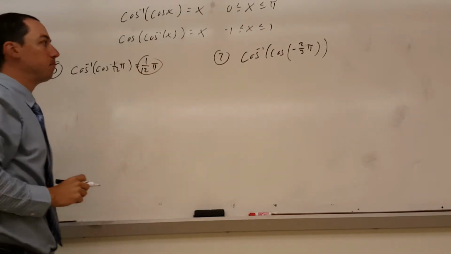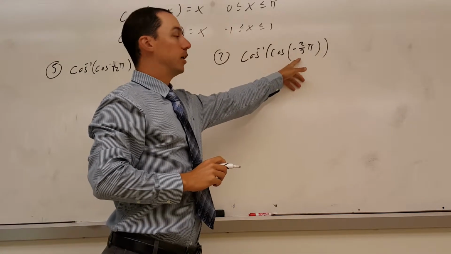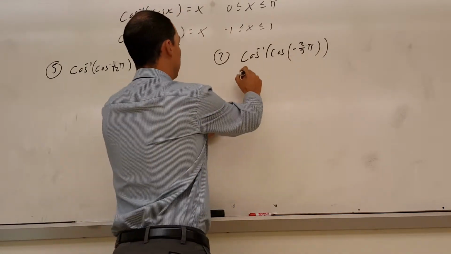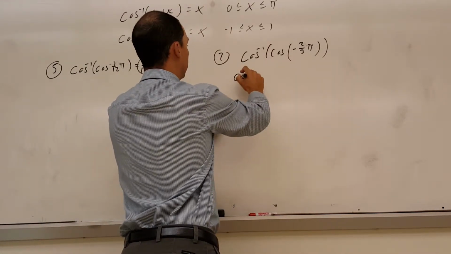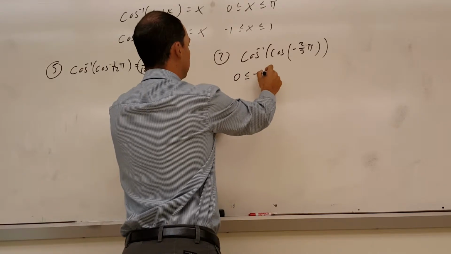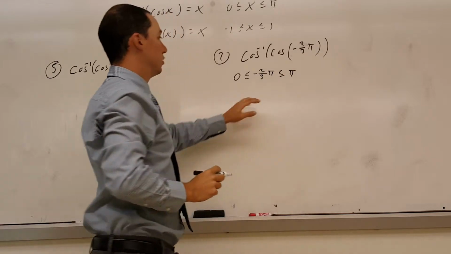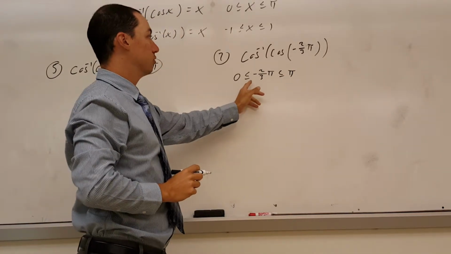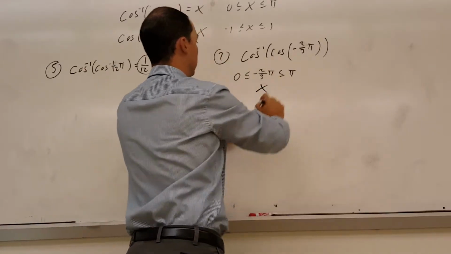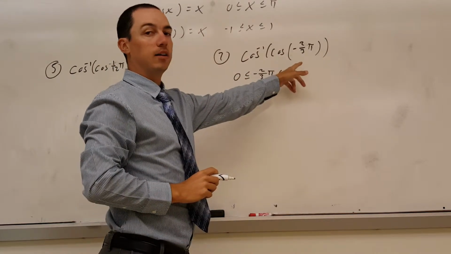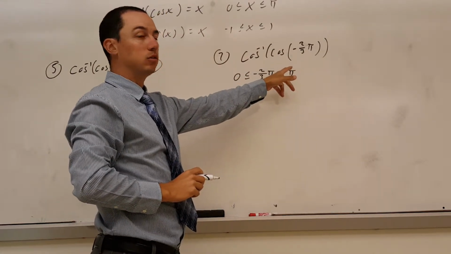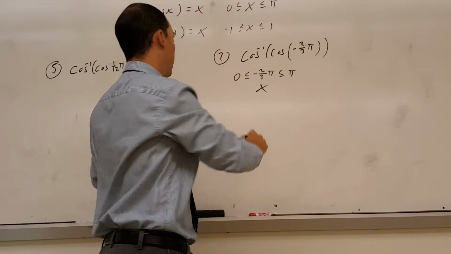Okay. Number 7, this angle, -2/3 pi. Well, you have to check: is it between 0 and pi? See, -2/3, no, it's not greater than 0. Not okay. So we need to find an equivalent angle somewhere else in the circle that will work, between 0 and pi.